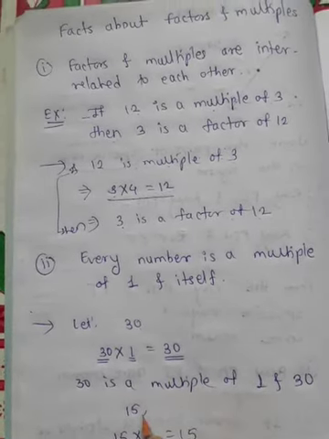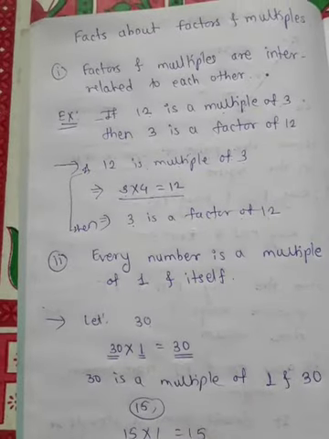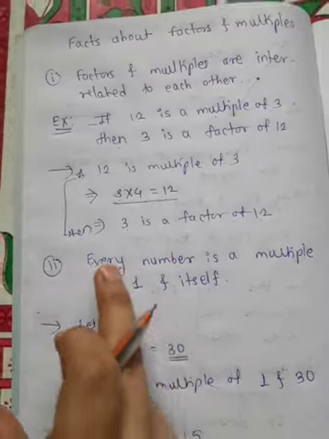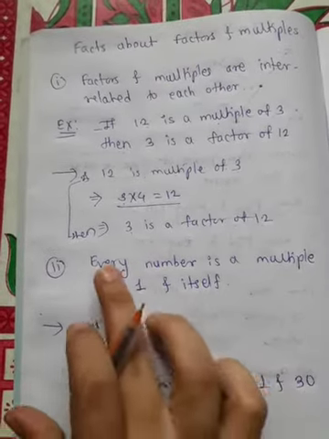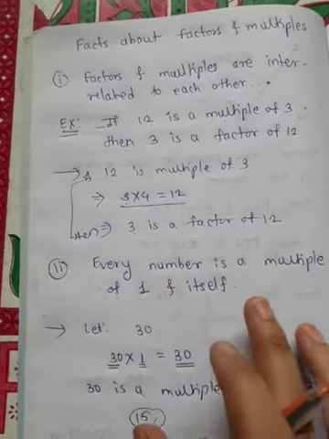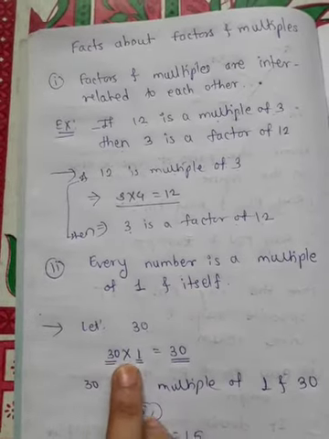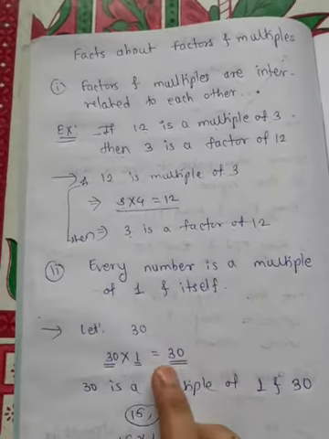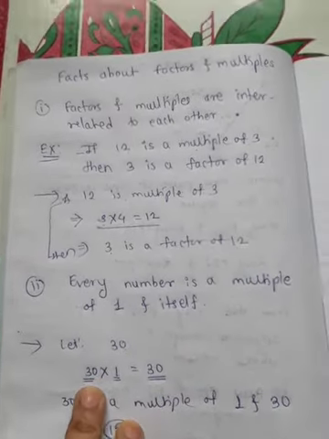So 15 is a multiple of 15 and 1, meaning 15 is a multiple of 1 and itself. Every number is a multiple of 1 and itself, because when we multiply any number by 1, it gives the same number.